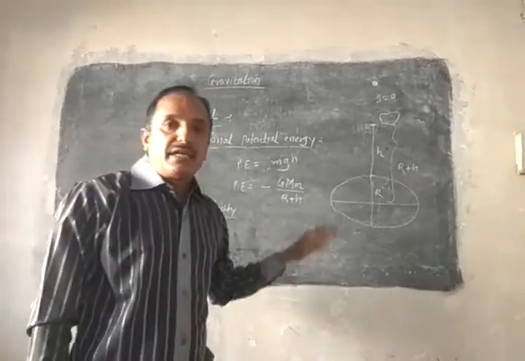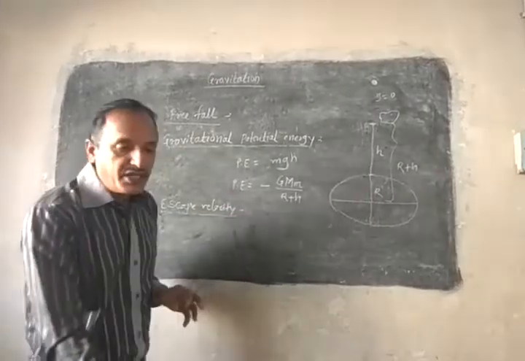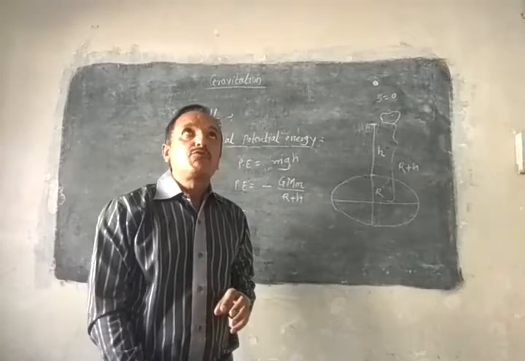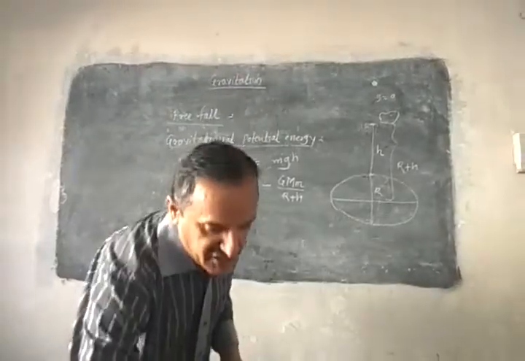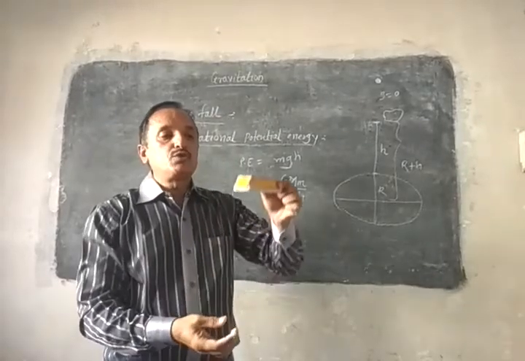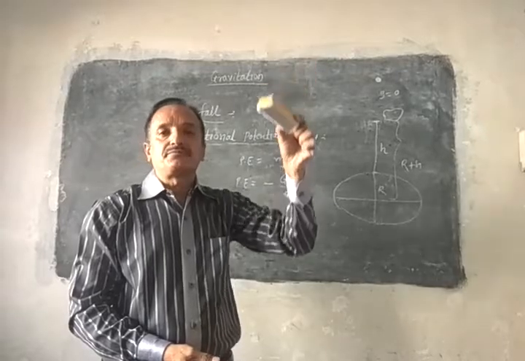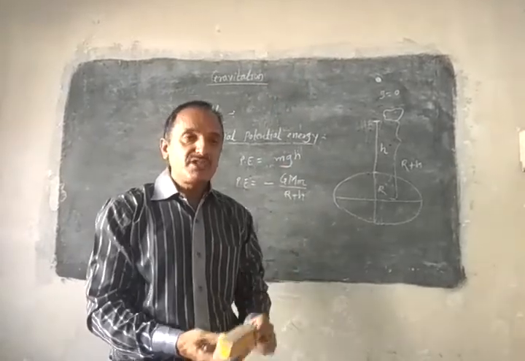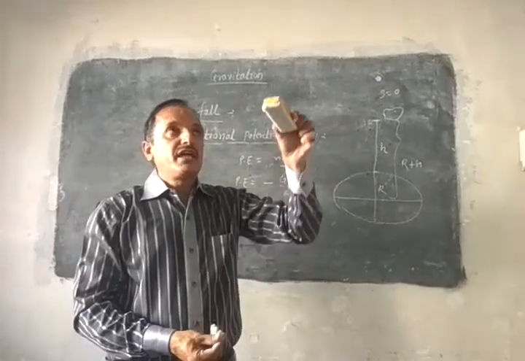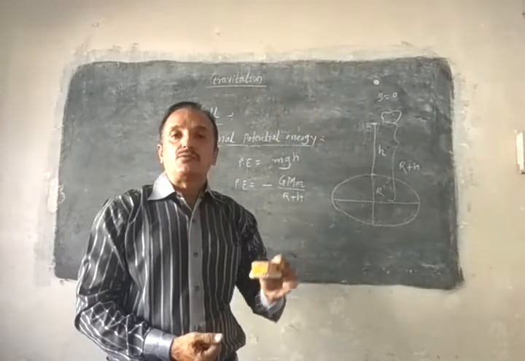Now escape velocity. Suppose we throw any object vertically upward, what happens? It will attain a certain distance. Suppose this duster is there. If I throw it vertically upward, its velocity goes on decreasing. At a certain height, it will stop, and again come down.